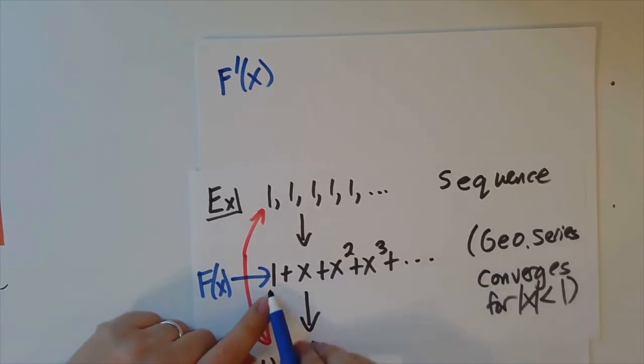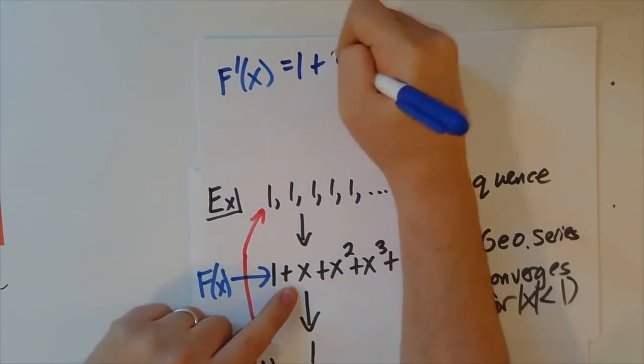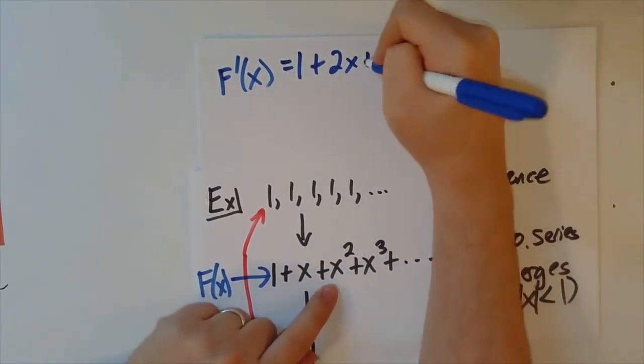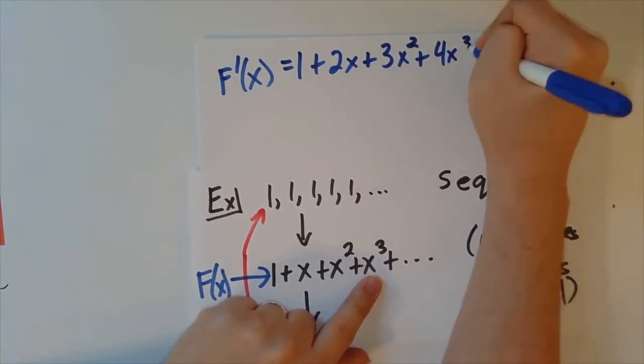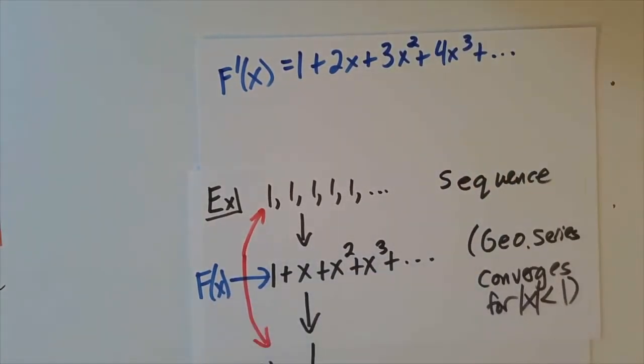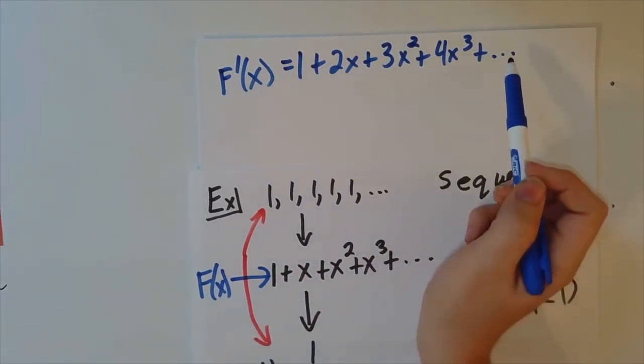So the derivative of that is 0, plus the derivative of that is 1, plus 2x, plus 3x squared, plus 4x cubed, plus blah, blah, blah. Okay. That's my derivative.